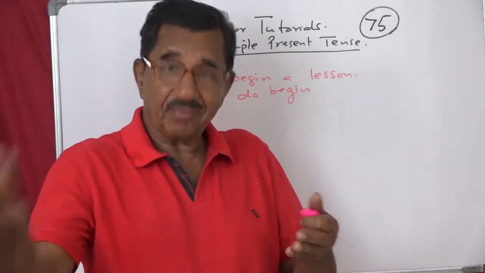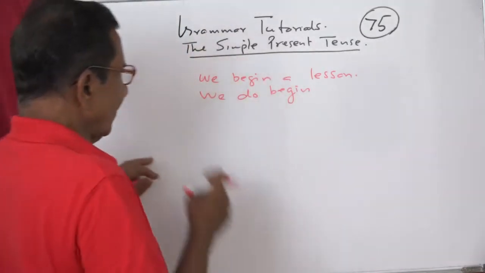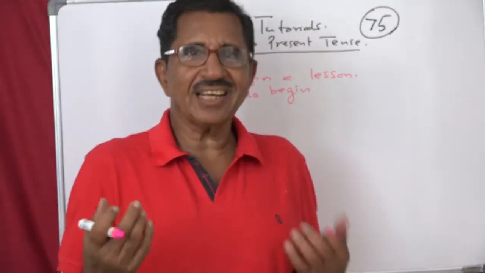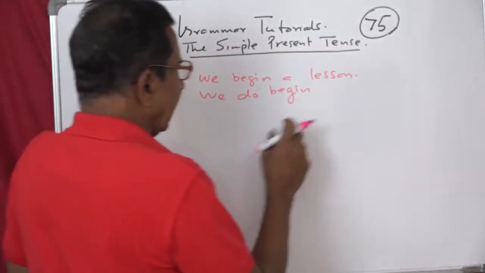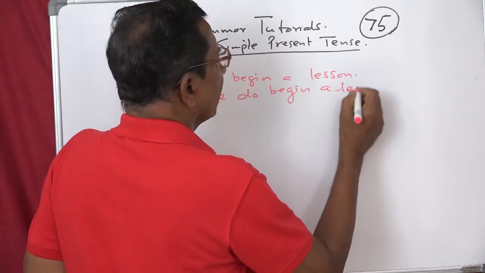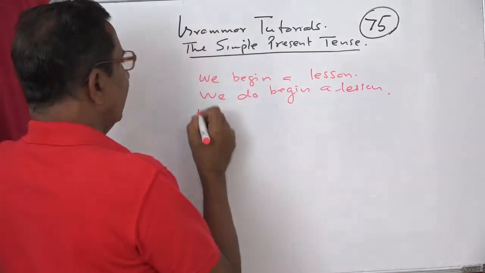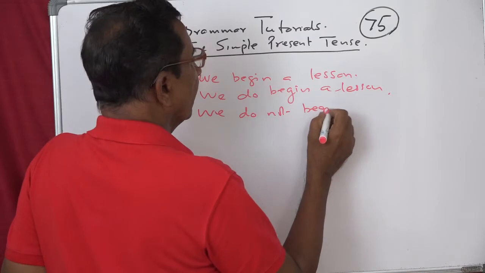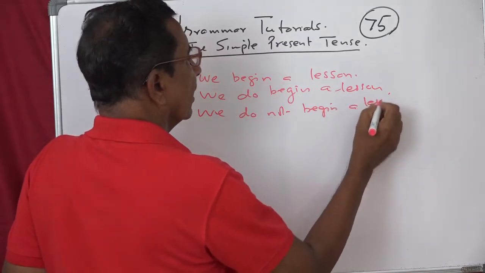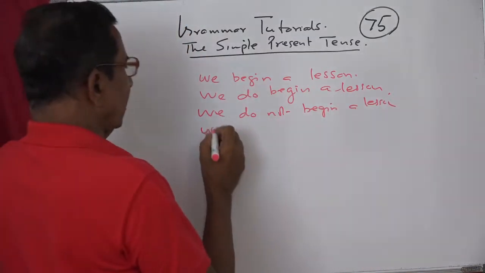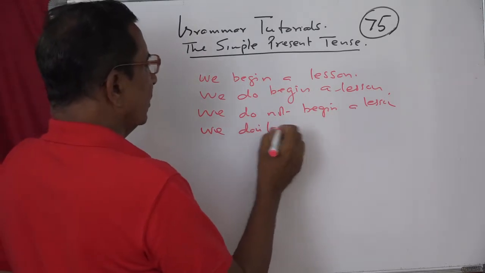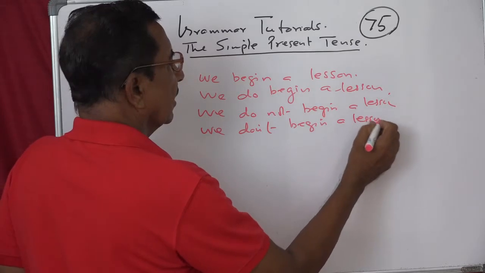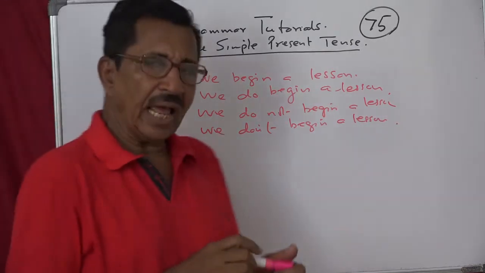Bring it, take it from outside, just as you put sugar in your tea. So this is like that. So we do begin a lesson. And then we do not begin a lesson. And after that we don't begin a lesson. Understand? So you have got I, you, we.